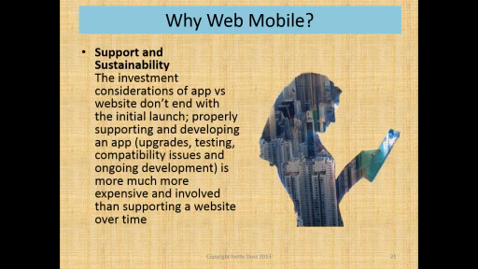Fewer resources, less QA needed, so fewer developers needed. Support and sustainability is also a good point, because if you don't want to invest, or it's your pilot project and you're not really sure, then after the initial launch you can properly set up support and development of the app, upgrading and testing everything simultaneously, in parallel, with your application already running live.